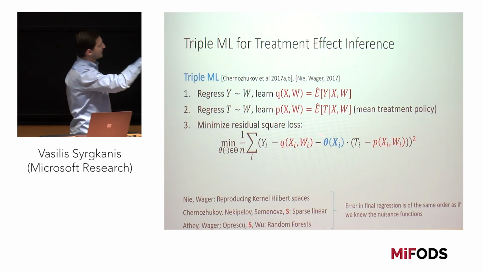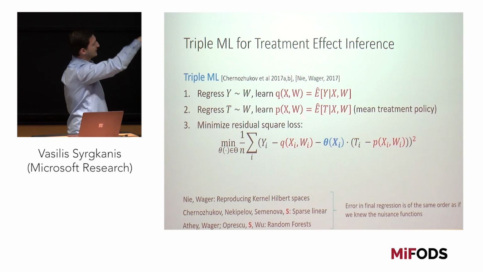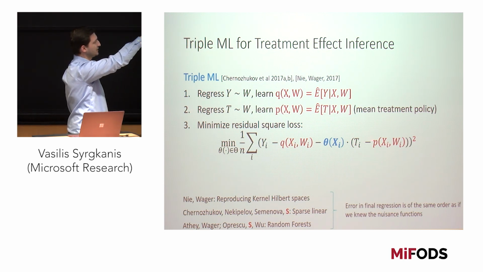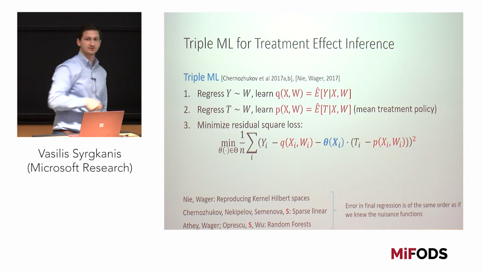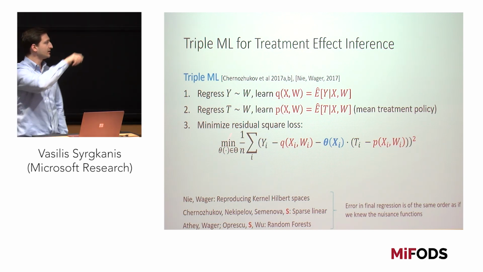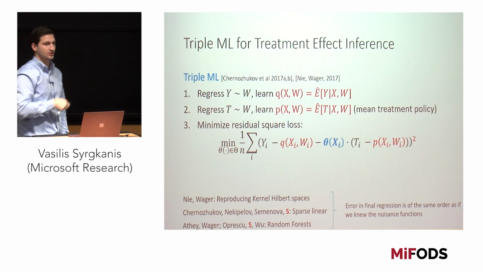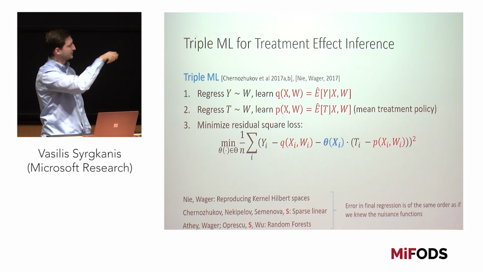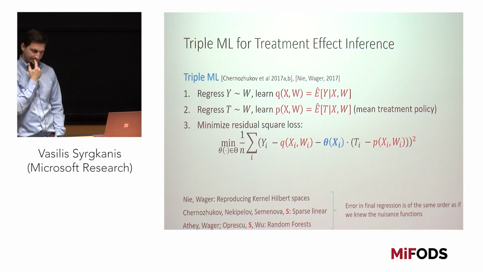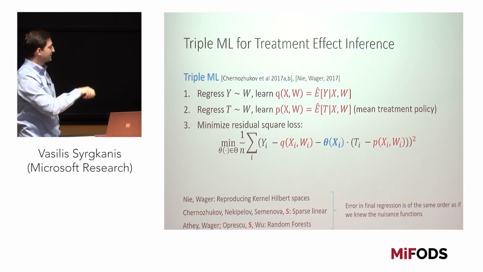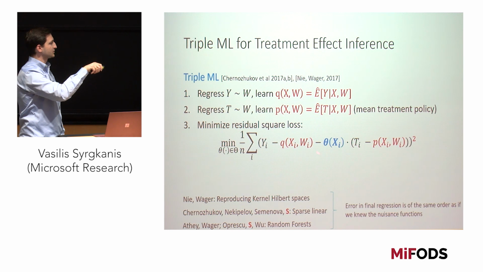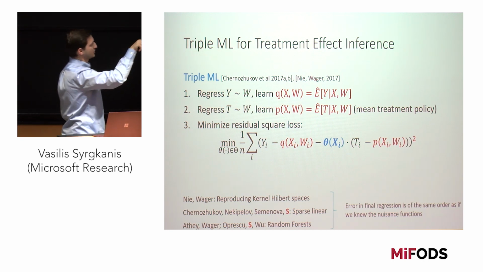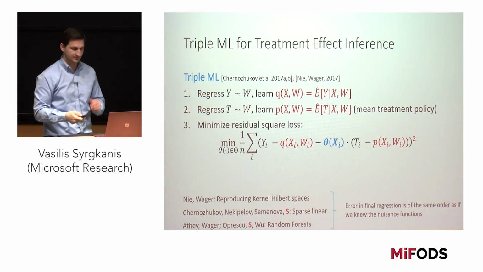You can show that the mean squared error of theta is of the order of the oracle mean squared error that you would have gotten had you really known Q and P, plus a second order impact from the mean squared errors of Q and P that are coming from the first stage estimation errors. So you get this sort of robustness to the nuisance quantities. All right. So this was a first set of results showing such robustness of the final causal model to estimation errors in the nuisance models that you didn't care about.